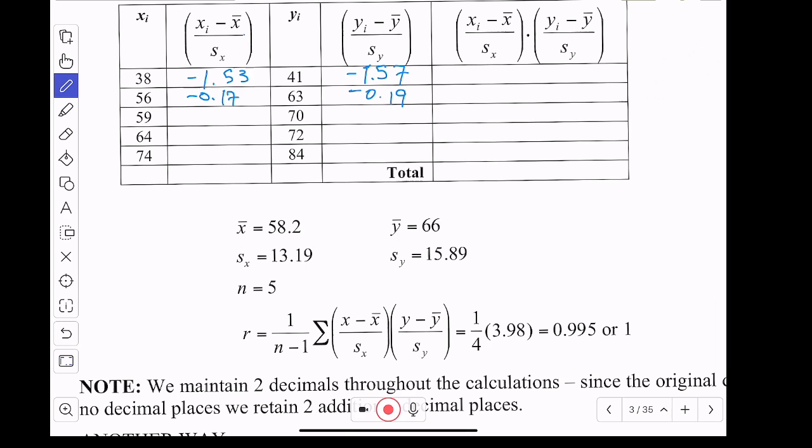Now you see, when x is only slightly below its mean, y is only slightly below its mean. Okay, so they do the same thing. They reinforce each other.